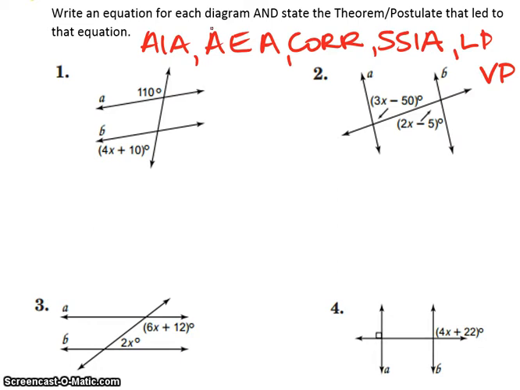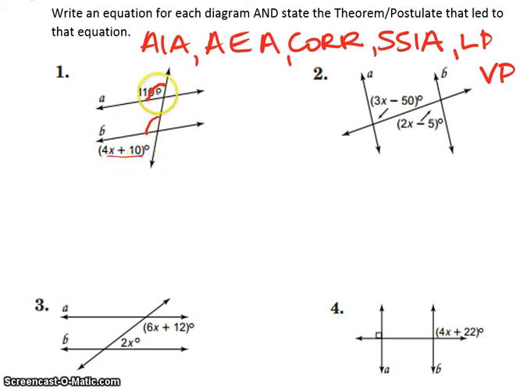So we need to look here and decide how, at number 1, could I figure out what x is. So first I have to decide these two are not a pair, which means I am going to have to find another angle that has a relationship with one of them that could then relate to angle 110. And what I mean by that is if you look at angle 110, it is corresponding with the angle above this one here.